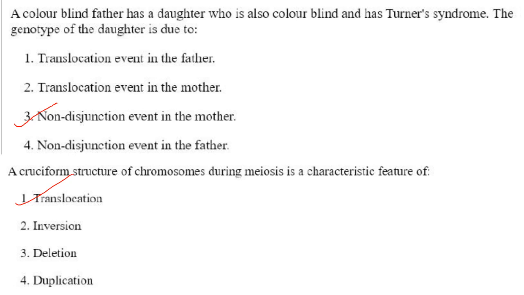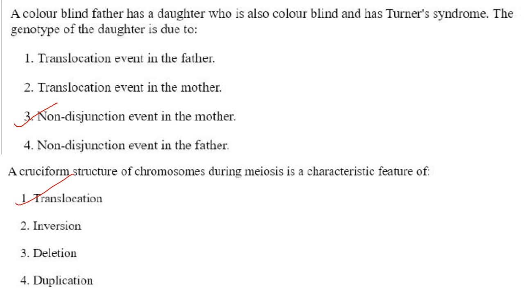Next question. A colorblind father has a daughter who is also colorblind and has Turner's syndrome. The genotype of the daughter is due to? Now Turner's syndrome is 45, X0. So one X has already been provided by the father, but the mother doesn't provide the X chromosome. That is why there is Turner's syndrome.